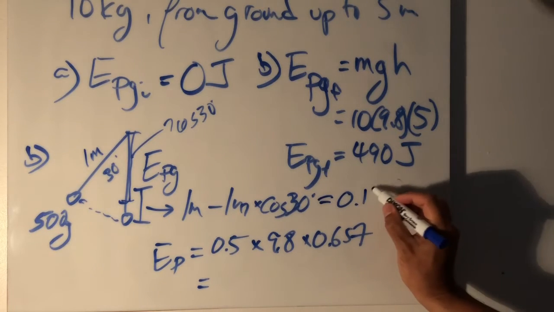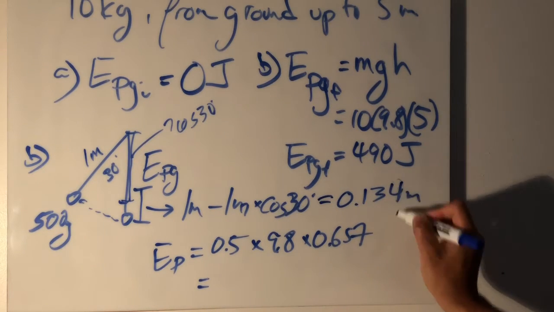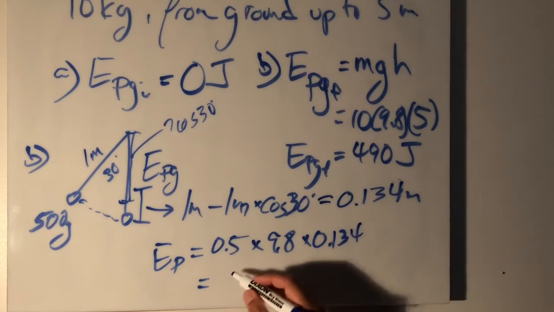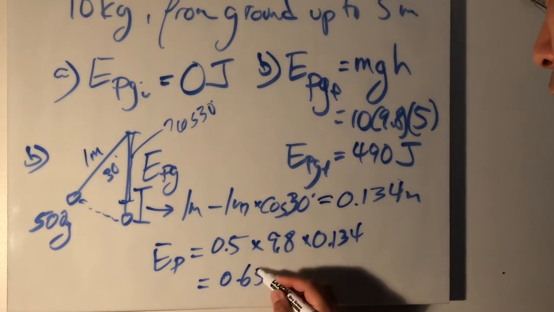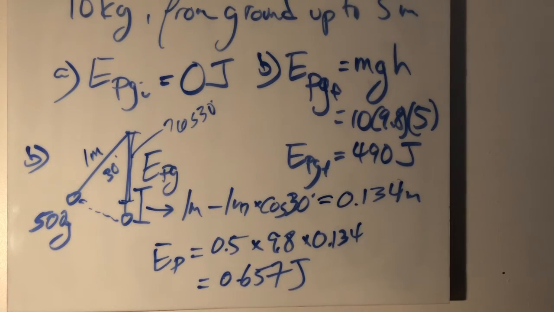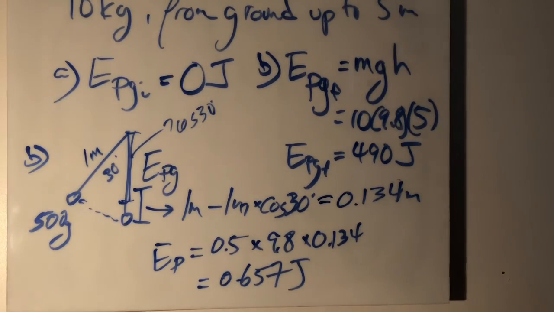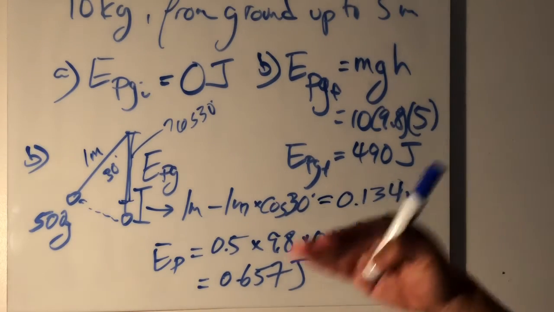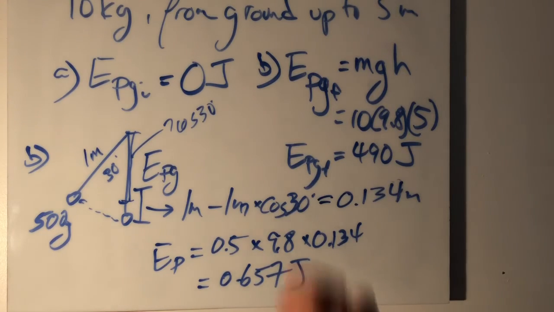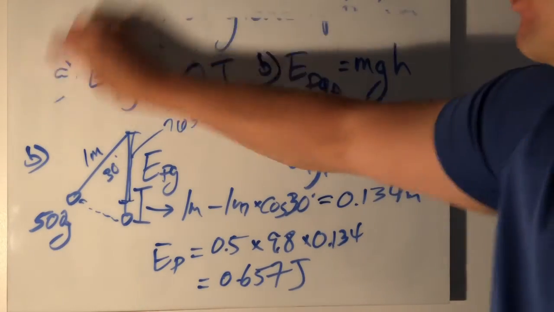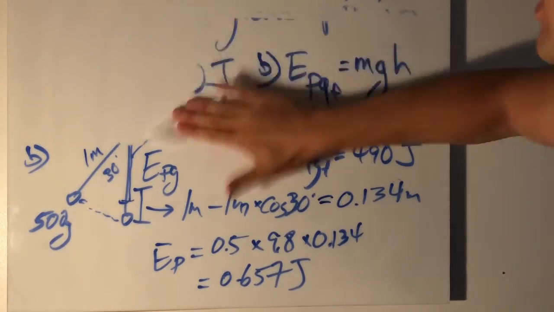This is 0.134, so this is 0.657 joules. So anytime you talk about gravitational potential energy, all you have to figure out is how far is it off your ground, your reference point, and how much does it weigh, and then gravity will do the rest.